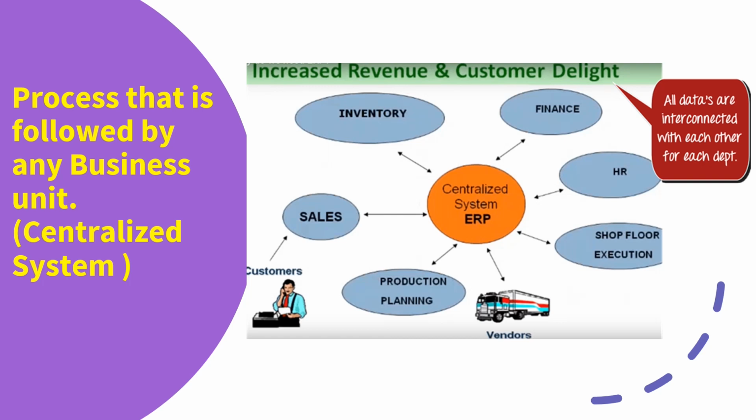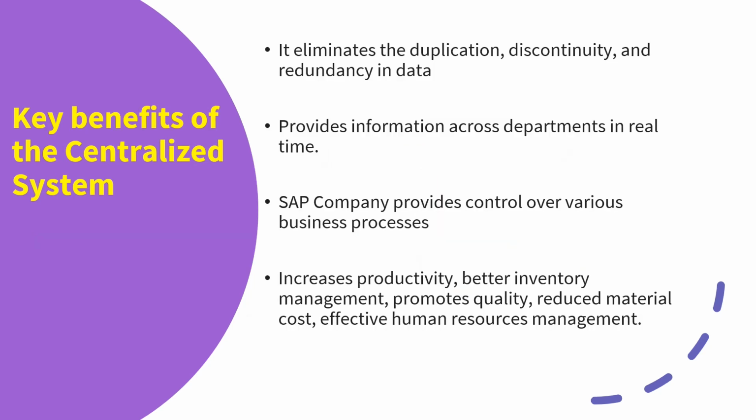So let's see the key benefits, or major benefits, of the ERP model. It eliminates duplication, discontinuity, and redundancy in data. It provides information across departments in real time. SAP provides control over various business processes. It increases productivity, better inventory management, promotes quality, reduced material cost, effective human resource management.